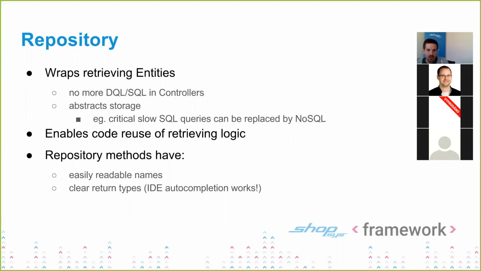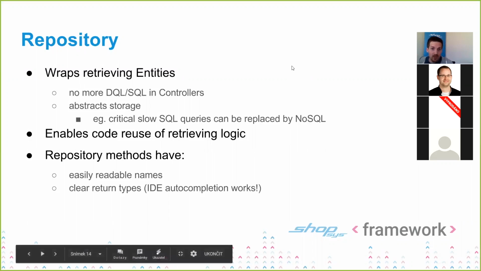These queries can be nicely hidden in the repositories, and you will only have some public API, some public method that will retrieve the objects that you want, but you don't have to repeat the SQL queries and so on across many parts of the application.